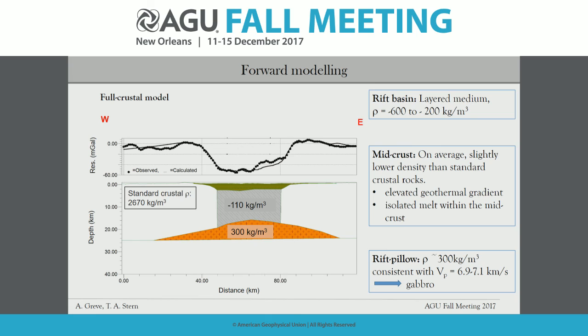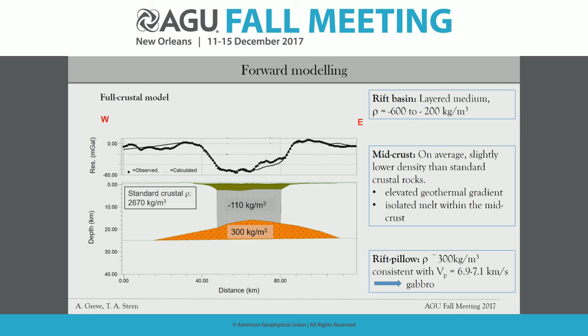And the question is now, what effects would lead to this density contrast beneath the rift axis? First of all, given the high heat flux within the central volcanic region, we would assume that there's an elevated geothermal gradient within the mid-crust. However, our calculations showed that an elevated geothermal gradient on its own cannot fully explain the lower densities observed.